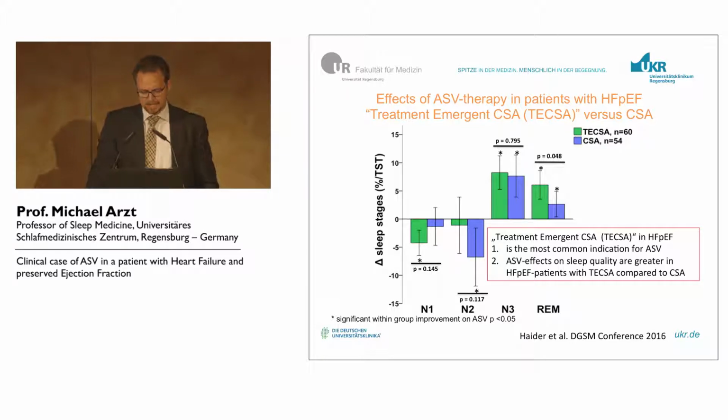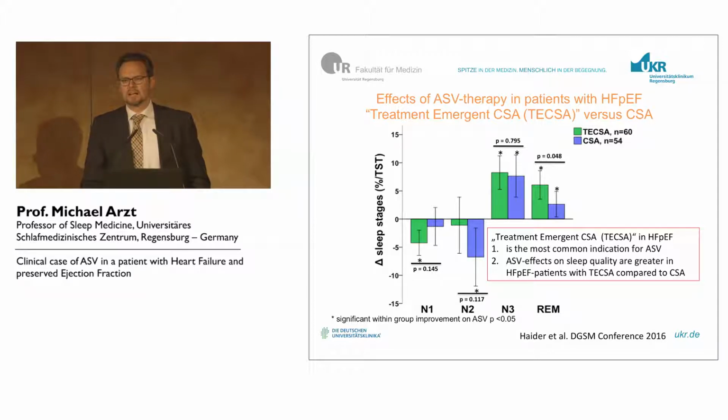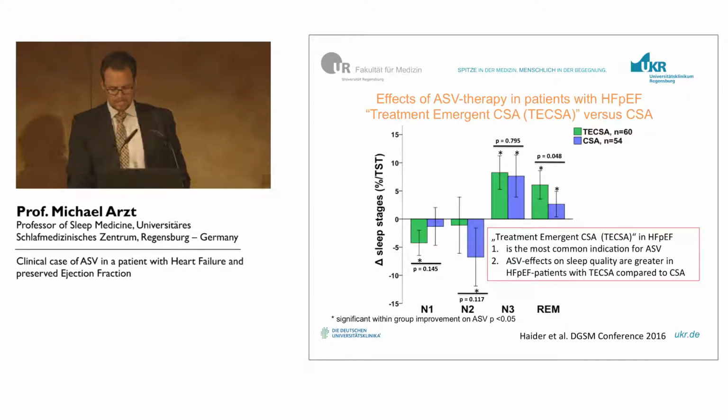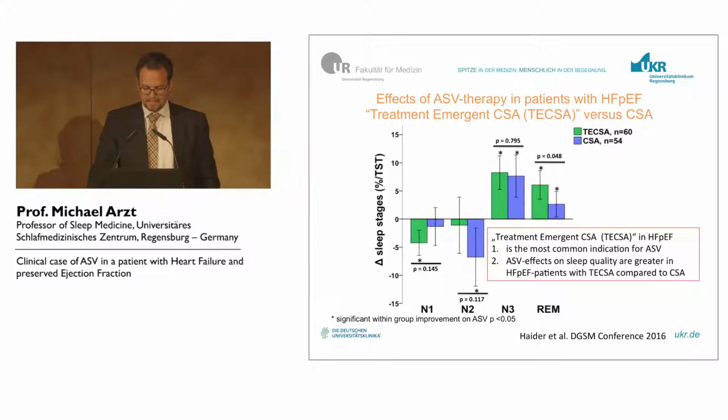And these are the data of the sleep profile. We saw significant improvements in both groups, so increase in slow wave sleep N3 and in REM sleep. But the improvement of sleep quality was significantly greater with respect to reduction of N1 and an increase of REM sleep in those who had obstructive sleep apnea in the beginning.